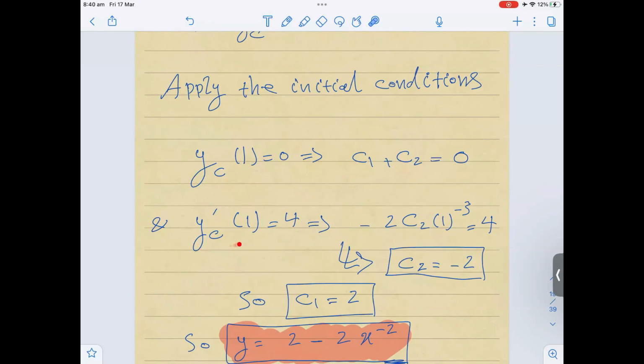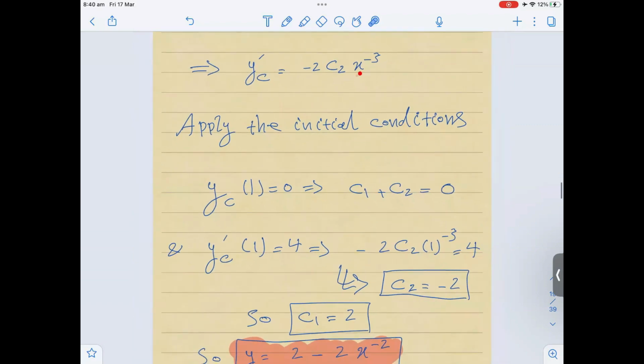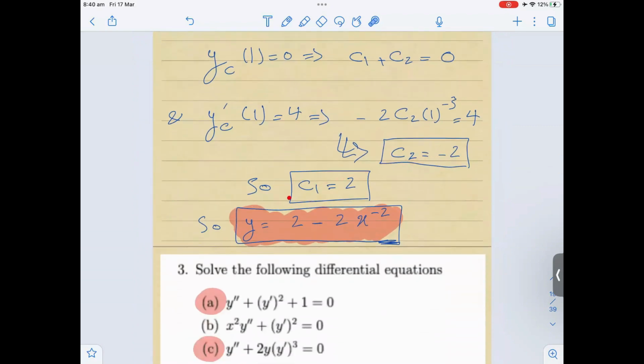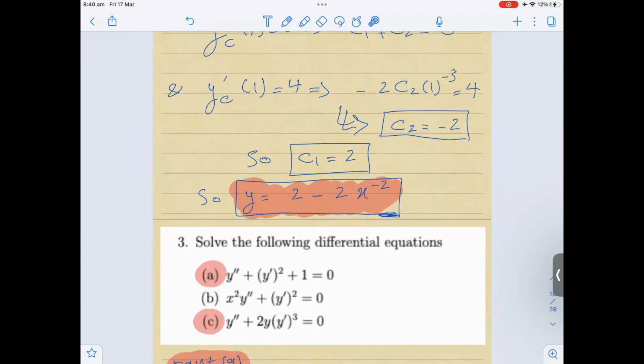Y prime of 1 equal to 4 will result in c2 equal to minus 2. So yc is this one, so minus 2 times c2, 1. By having c2, I can get c1. So that's the particular solution.